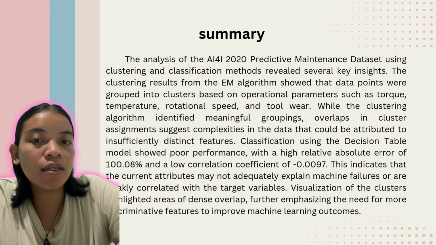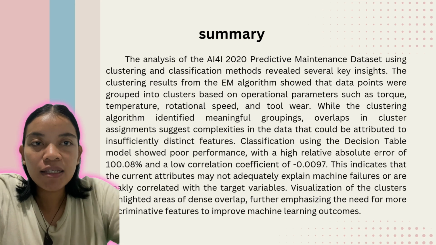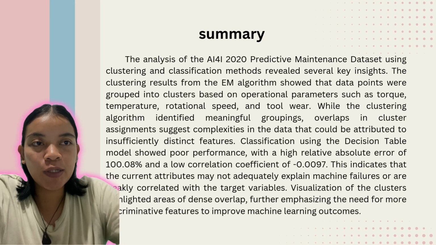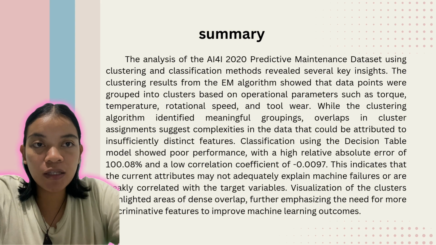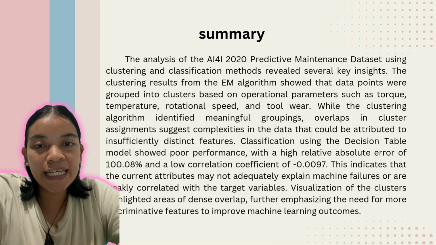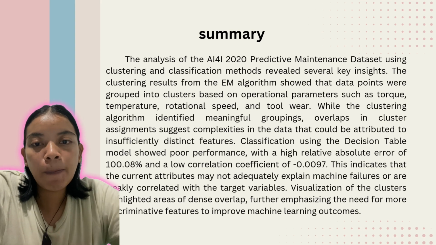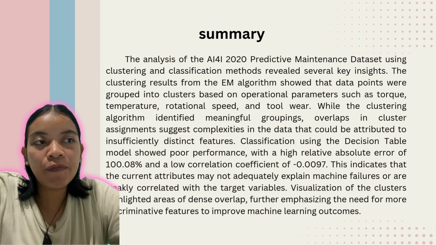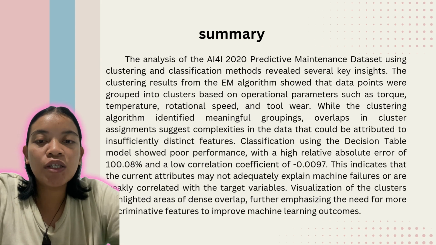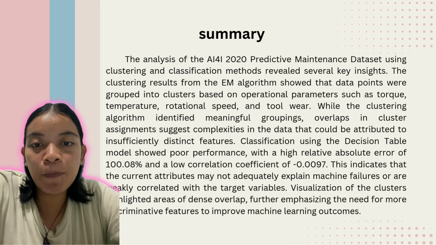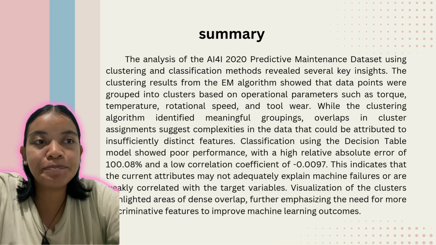So let's start with the summary. The analysis of the AI4I 2020 predictive maintenance dataset using clustering and classification methods revealed several key insights. The clustering results from the EM algorithm show that the data points were grouped into clusters based on operational parameters such as torque, temperature, rotational speed, and tool wear.